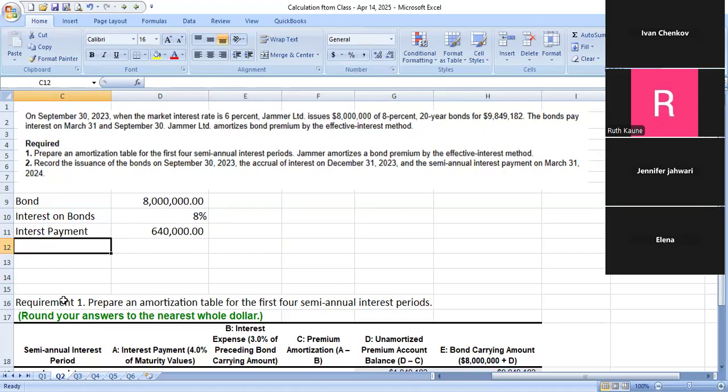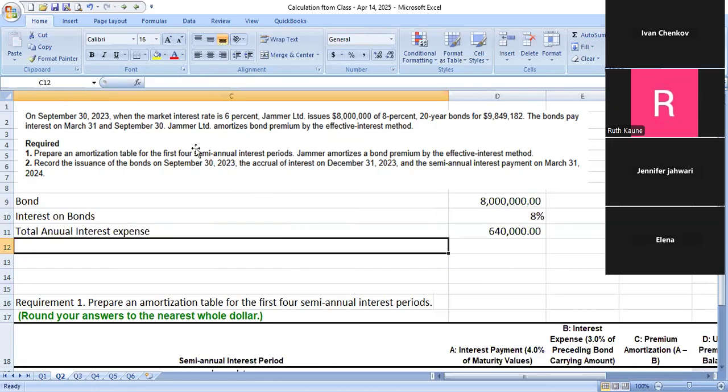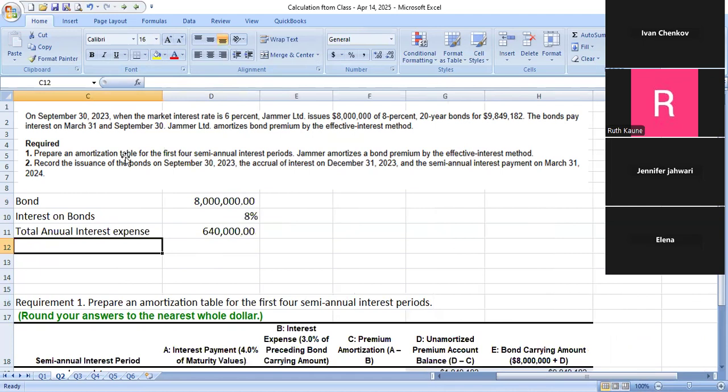How many times am I going to pay the interest? Twice a year. So what will that be? Interest per payment. Let's make it correct terminology, otherwise I don't want to lose you and have you start wondering what's going on here.